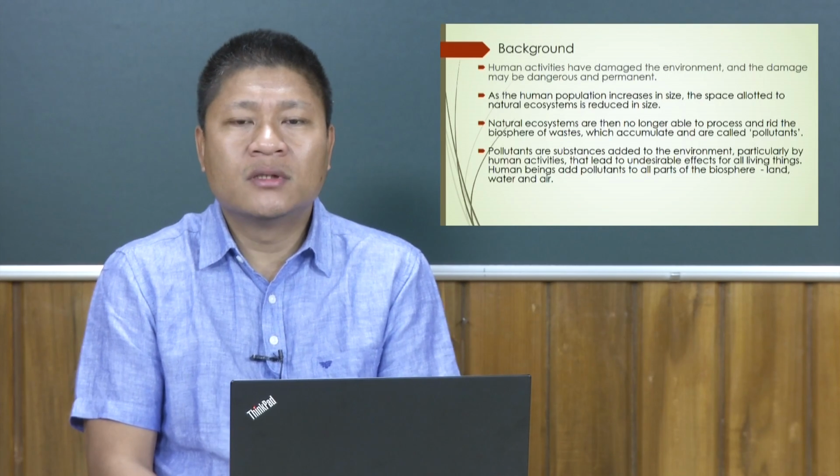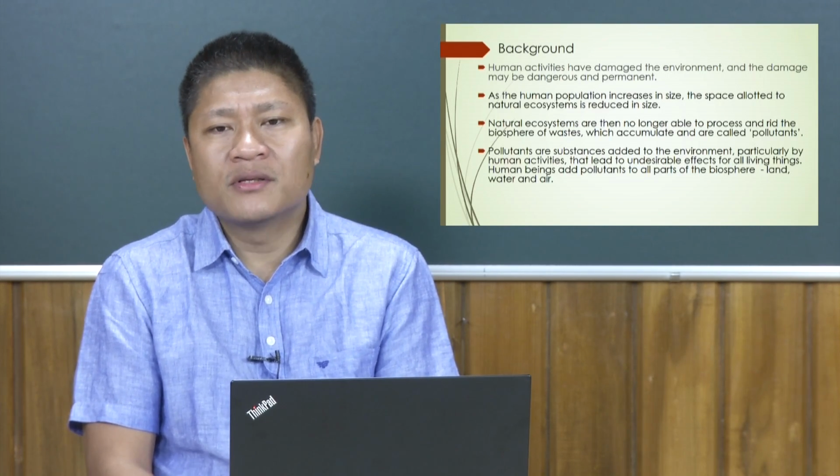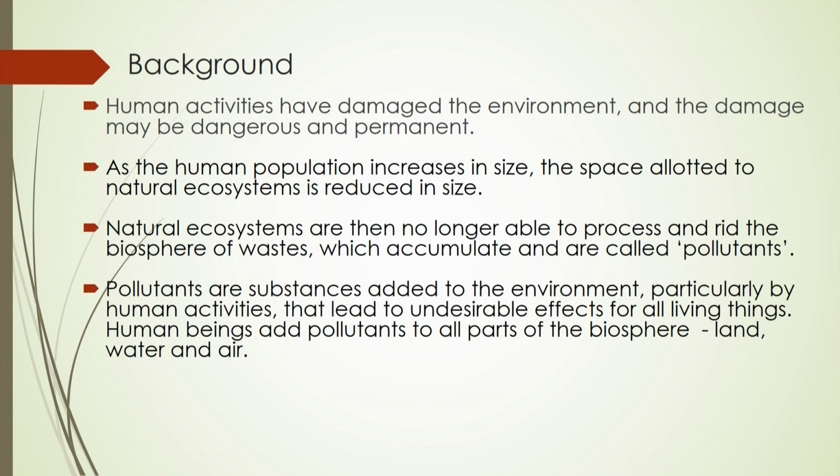So, these are something which we would be looking at. Now, looking at the background of how this human ecology study in essence emerges, what is the basic need of even talking about human ecology or positioning human ecology in the academic domain. Now, partly if you look at history, humans usually engage in different kinds of activities that have directly or indirectly affected or damaged the environment, and some of these implications are seen to be dangerous and permanent.